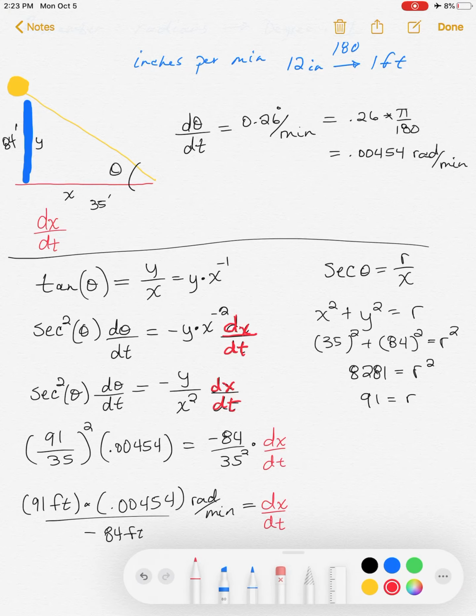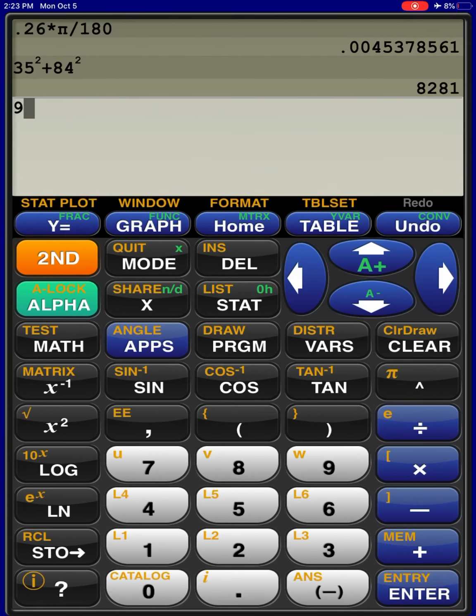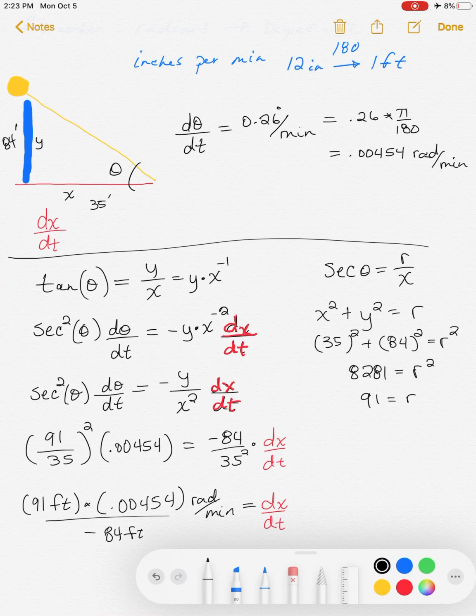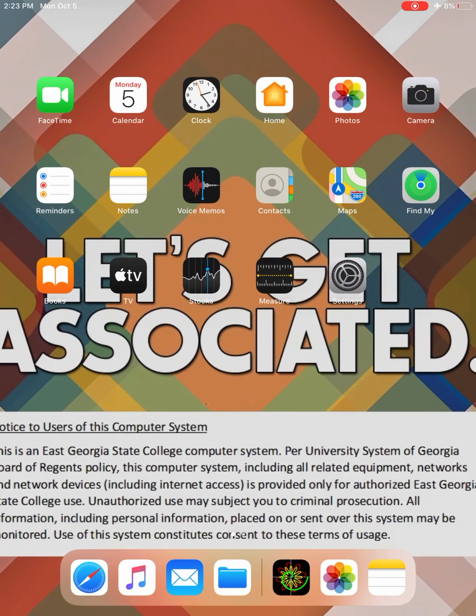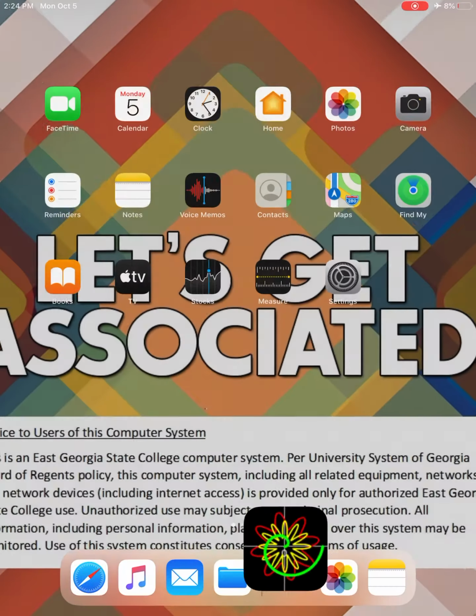All right. Now we will toss this into the calculator. We have 91 feet, 91 squared times 0.00454 divided by 84. It wasn't squared. It was just 91 times 0.00454.